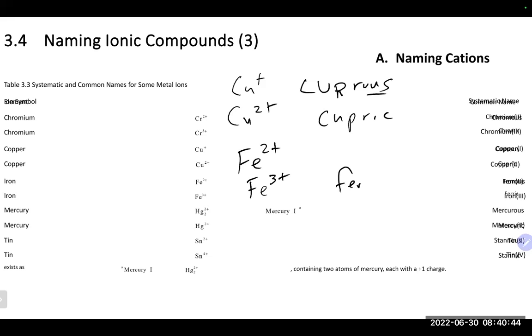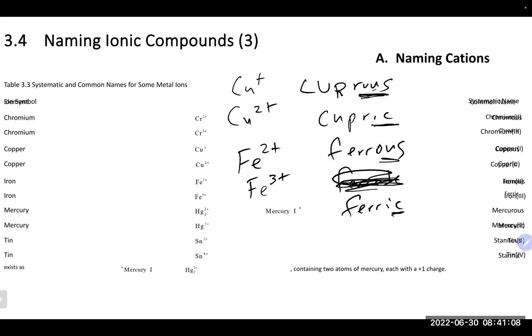Same thing with something like iron, iron 2, iron 3. This would be known as ferrous, and this would be ferric. Sorry, wrong thing. Ferric. So typically speaking, when you kind of go the older way of naming, the guy that has the larger positive charge ends in IC, and the guy with the lower positive charge ends in OUS.